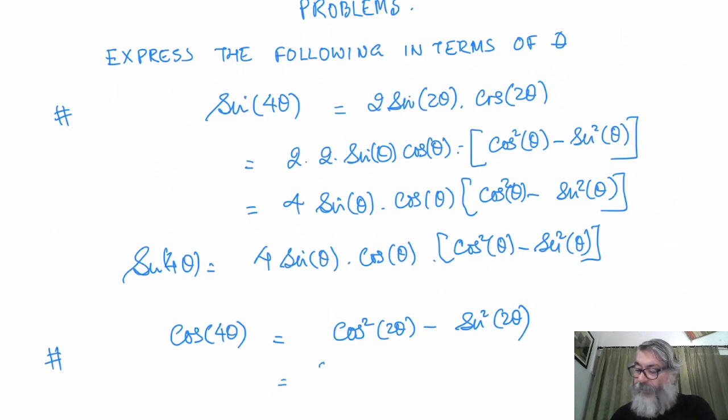That means cos 2 theta whole square minus sin 2 theta whole square.